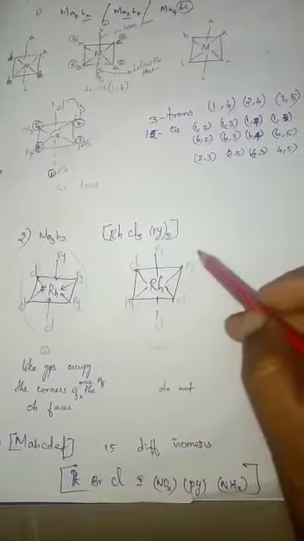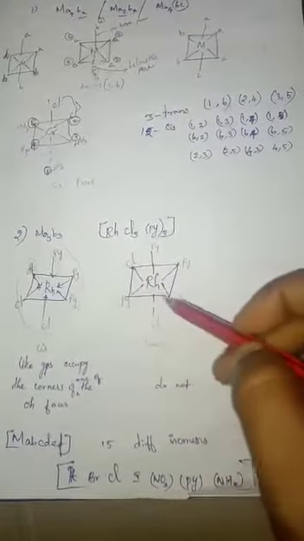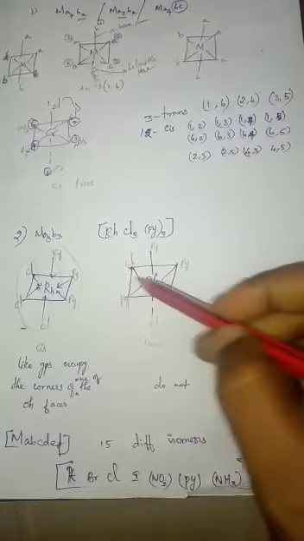And in this case, the same ligands are not at the corner, so it comes under trans isomer. Otherwise you can see this 2 and these 2. With respect to these 2, we can see this as the trans isomer.